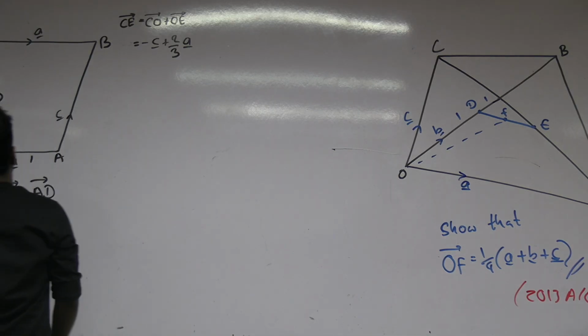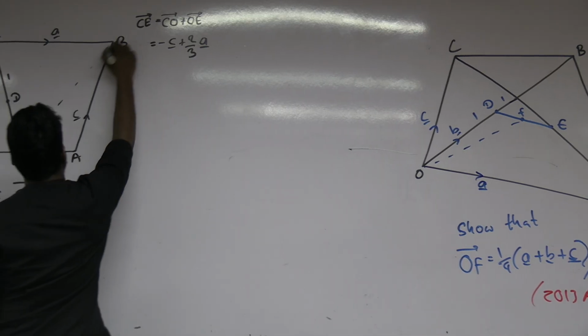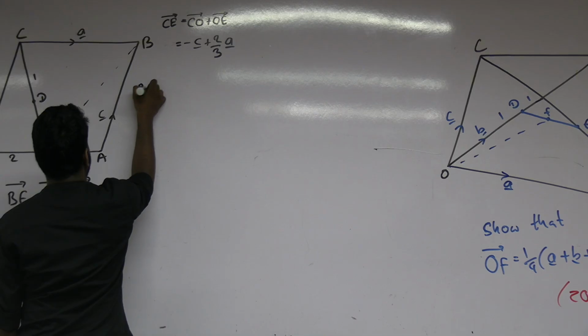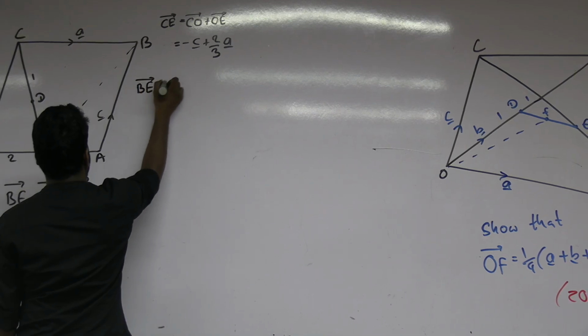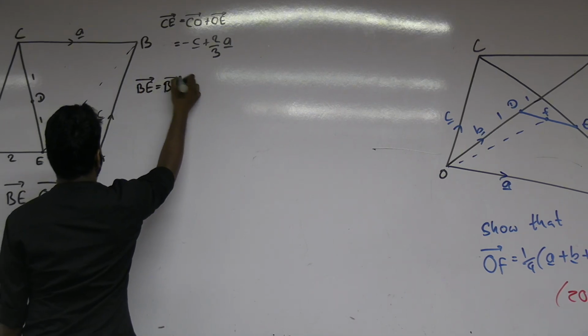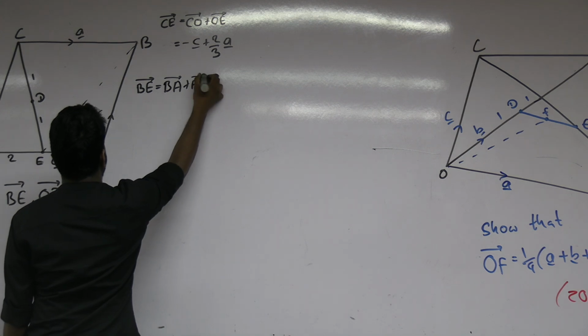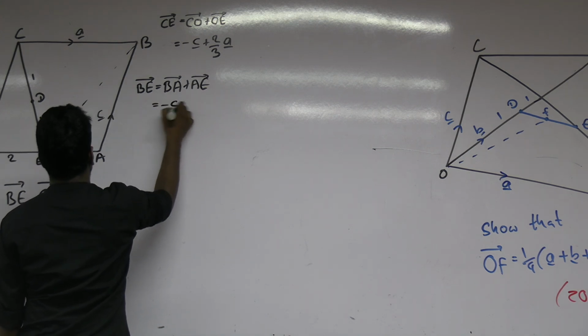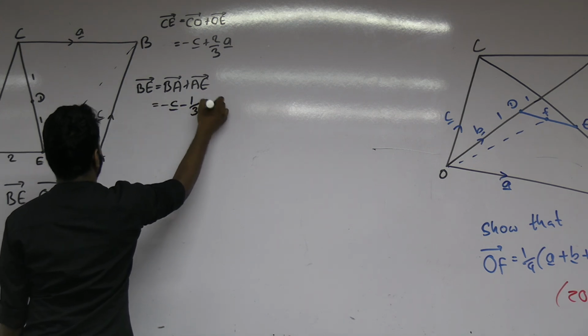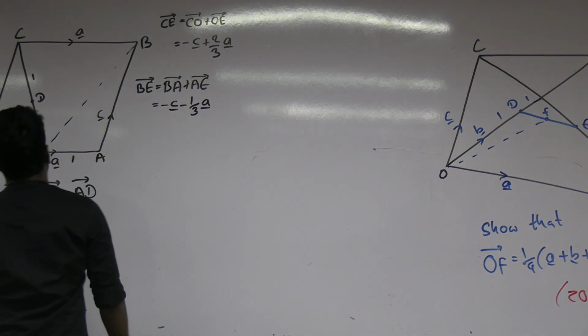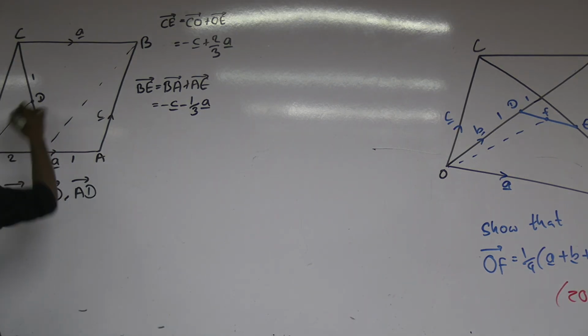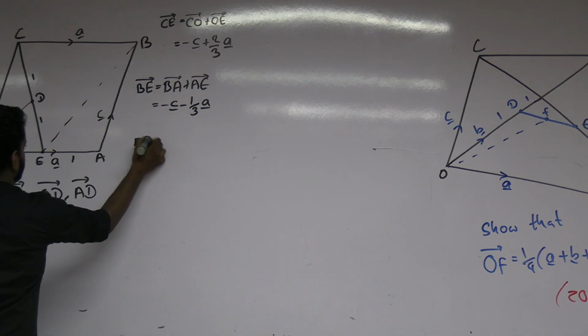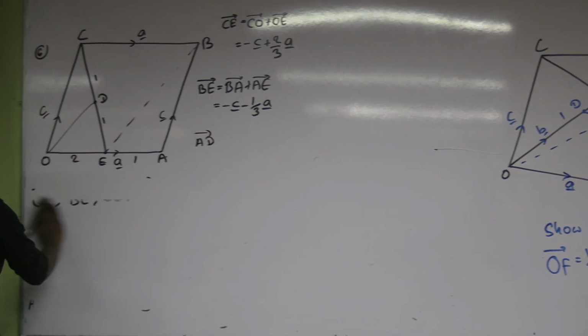And then you are supposed to find BE. So BE equals BA plus AE. BA is minus C minus 1 over 3 A, and AD. Right, we'll write OD.